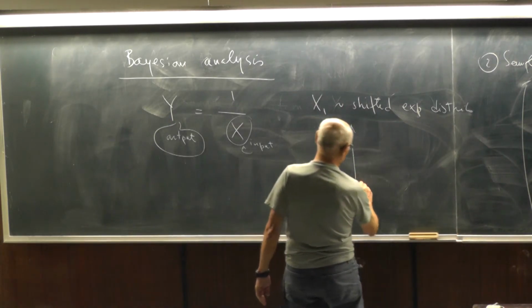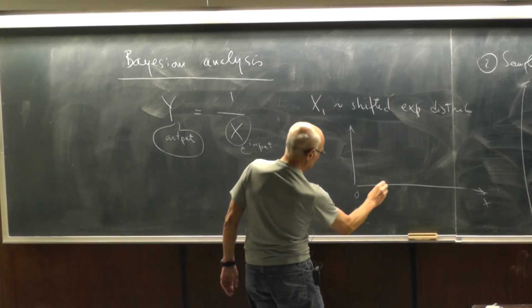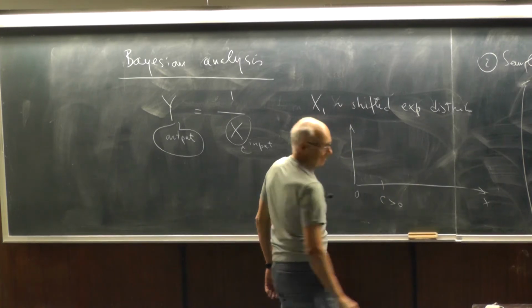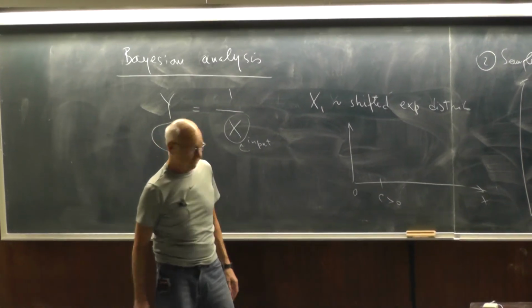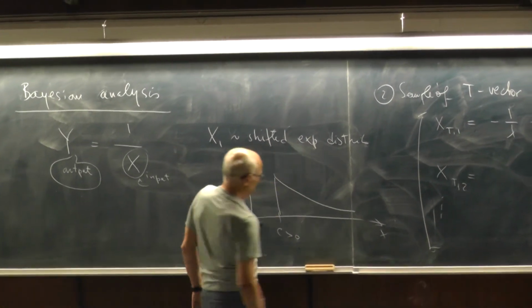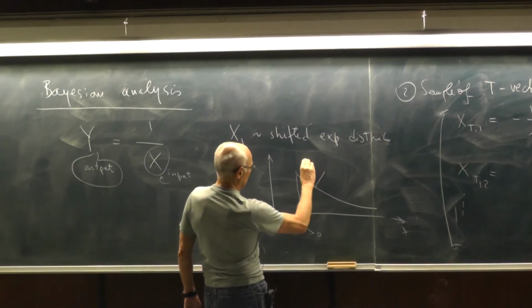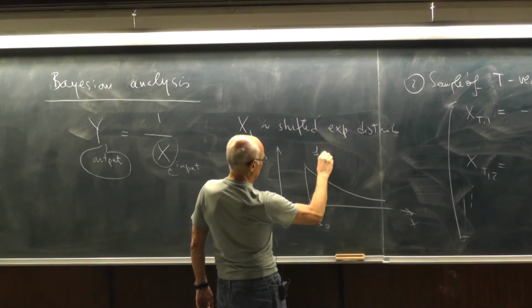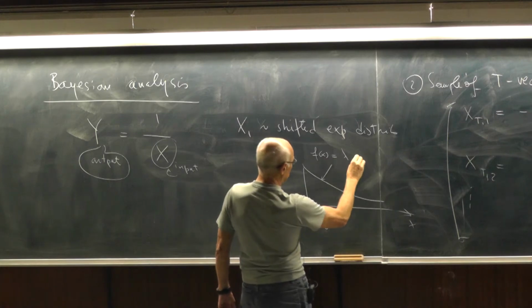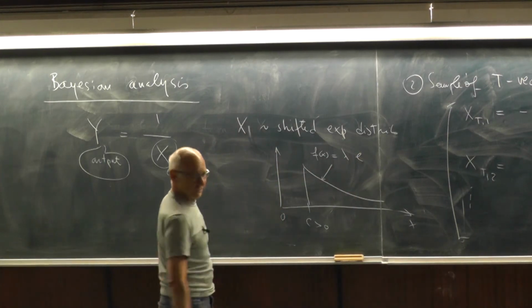So the PDF looks this way. 0, c, that's a shift. And the density looks something like this. Lambda, why did I write x1 here? I don't know, by inertia. Should be just x.